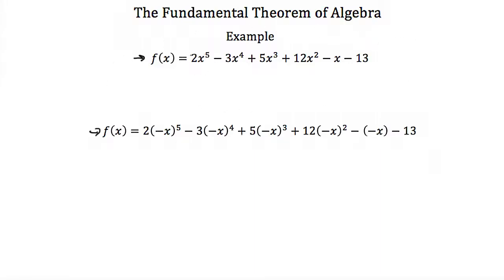Here we start with a positive 2. And then we go to a negative 3, so that's one sign change. From a negative 3, we go to a positive 5, so that's our second sign change. From a positive 5 to a positive 12, those have the same sign. A positive 12 to a negative x, that's a sign change. And then negative x to a negative 13, those are the same sign, so that's not a sign change.